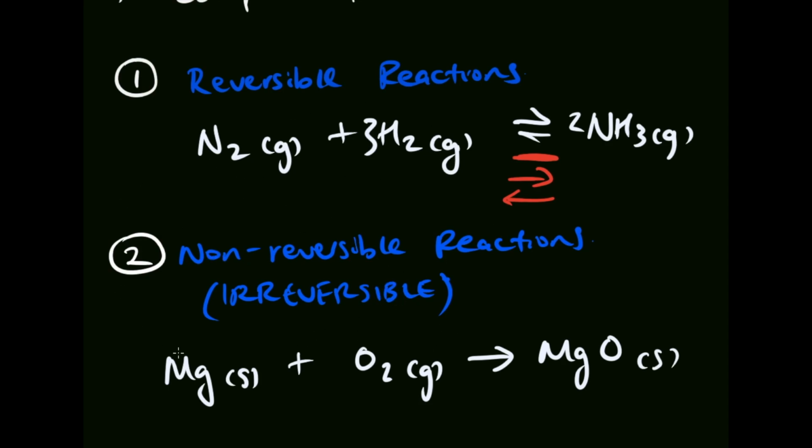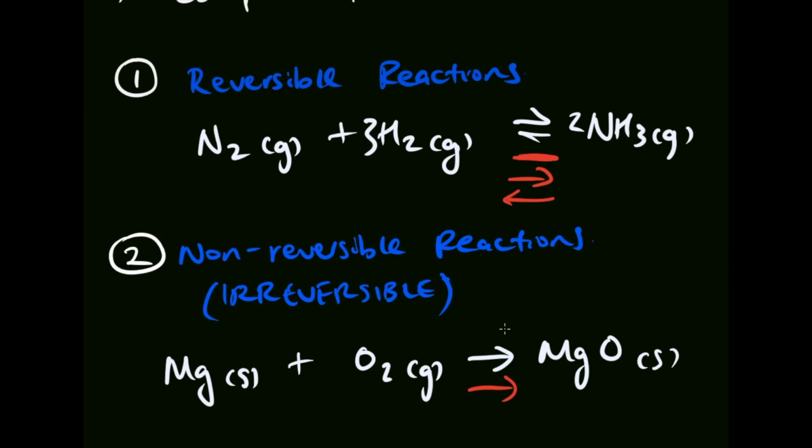If we have a look at non-reversible reactions, such as the magnesium metal reacting with oxygen in the atmosphere, forming magnesium oxide, there's a forward reaction, but there's no reverse reaction because magnesium oxide does not then decompose back into magnesium and oxygen gas.